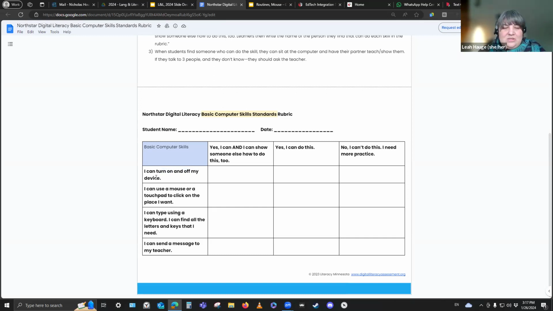But for beginning level students, that might be too much. And so just showing them, modeling a skill and having them self-assess how they feel about it. If they're able to do it and can show someone else, if they feel like they could repeat it, or maybe if they feel like they need practice on it. And then, of course, after instruction, you'd want to revisit this to celebrate a mastery of skills.